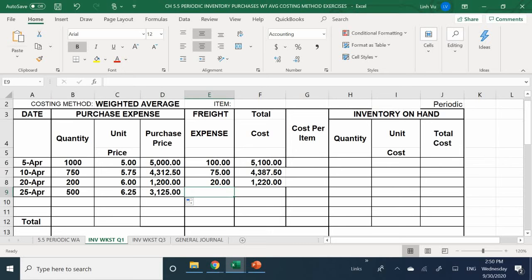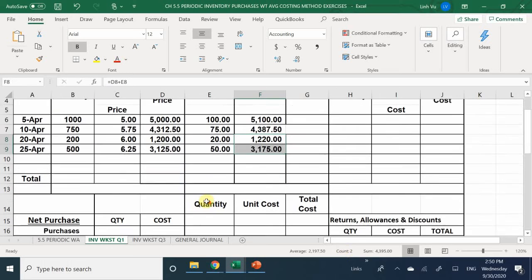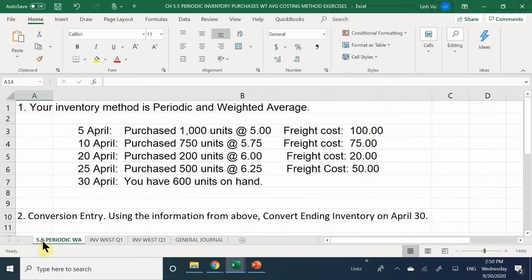And my freight was $50. So my total is going to be $3,175. Good. And then lastly, what is the piece of information that is given on April 30th?